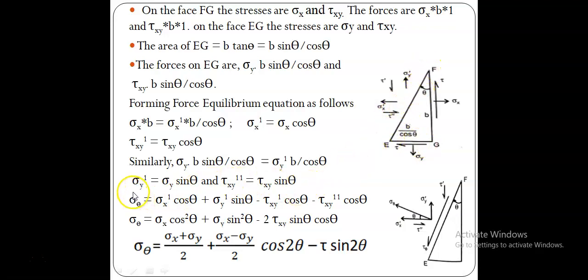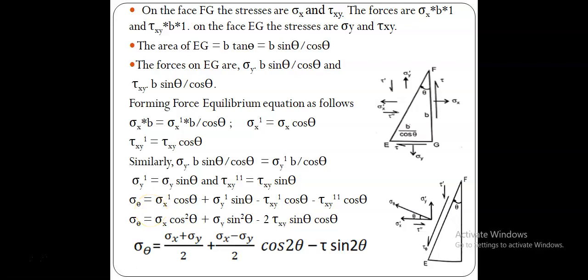And therefore, sigma y dash is equal to sigma y sin theta. When we equate these two, sigma y dash equals sigma y sin theta, and tau xy double dash is equal to tau xy sin theta. Same. Now let us find sigma theta.